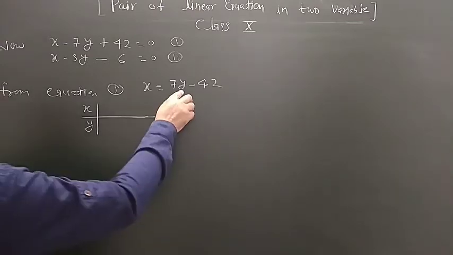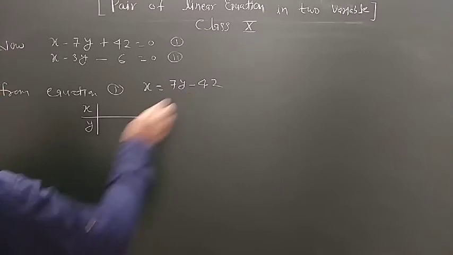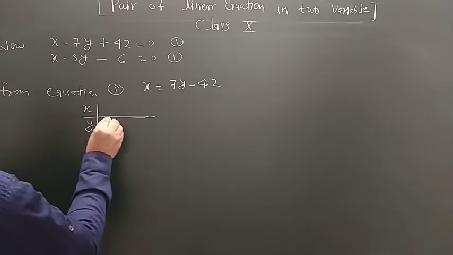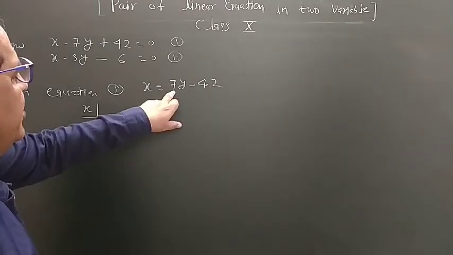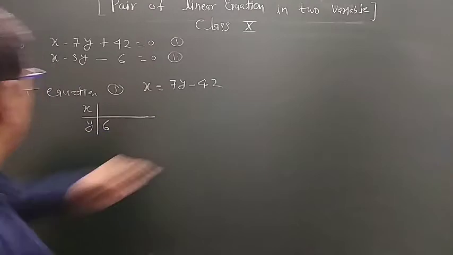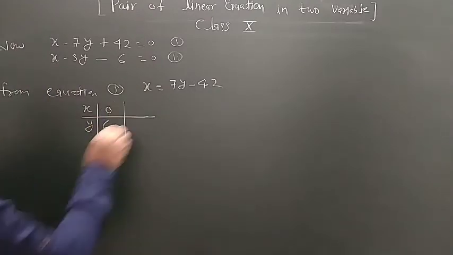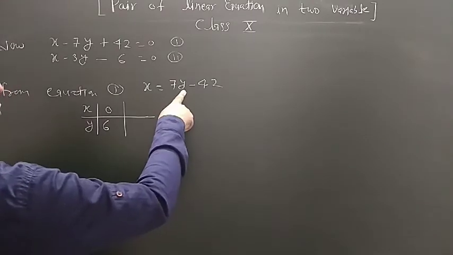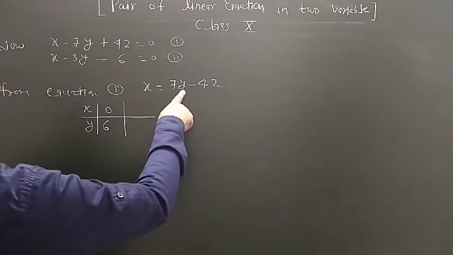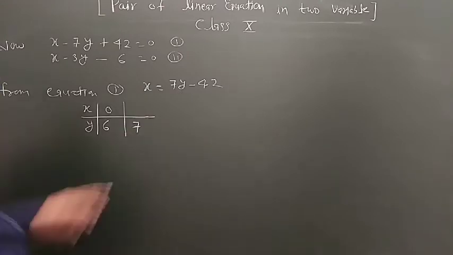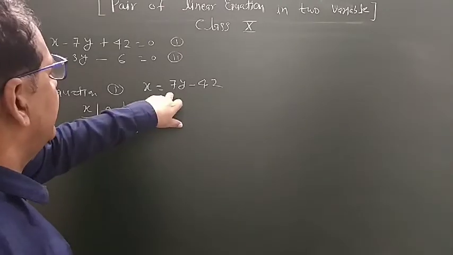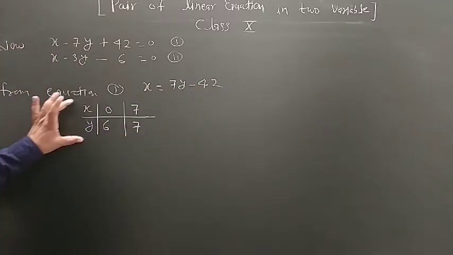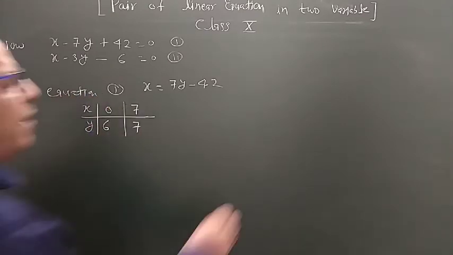If y equal to 6, then 7 times 6 is 42, minus 42, you have the value of x as 0. Now for the other, if we put y equal to 7, you have the value 7 times 7 is 49 minus 42, which is 7. So the other point is 7 comma 7. Now we plot these points on the graph.